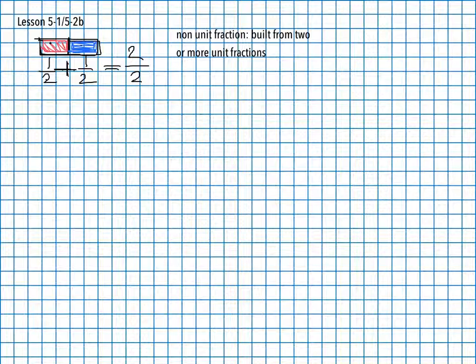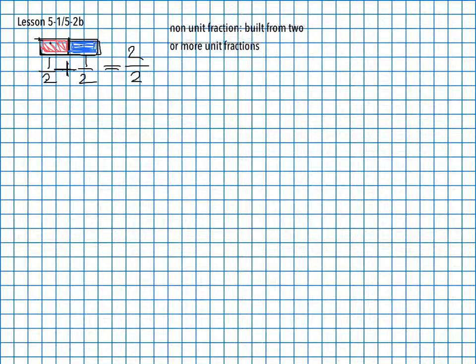So when I put them together, boys and girls, that's when we're going to get a non-unit. So I have a unit fraction here plus a unit fraction here, and that's how I get the non-unit. So let's look at another example.